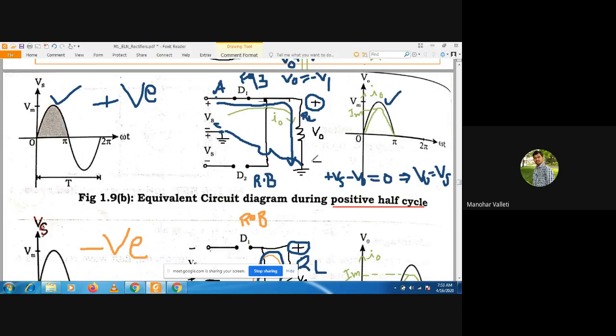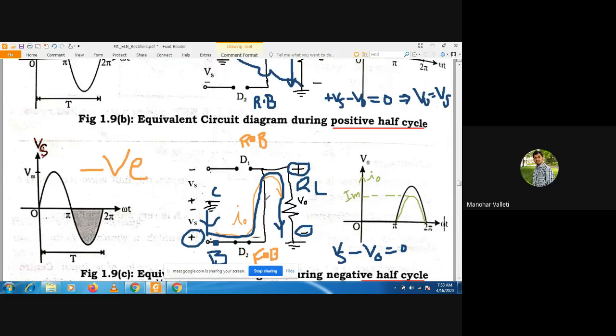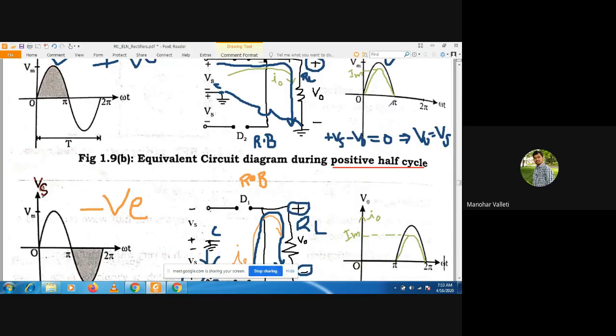In the same way, during the negative half cycle, you will get the same output voltage because the currents in both half cycles enter the load resistance at the same point. I am talking about the output wave shape, which is the same as during the positive half cycle.